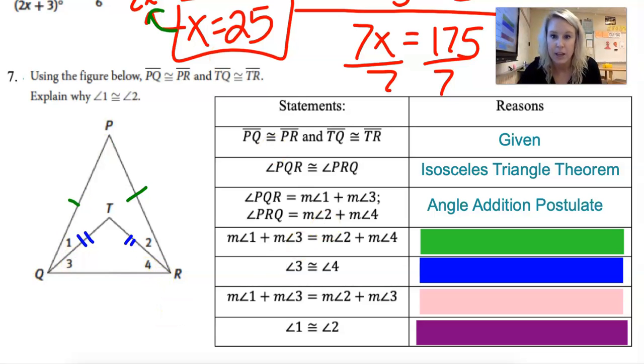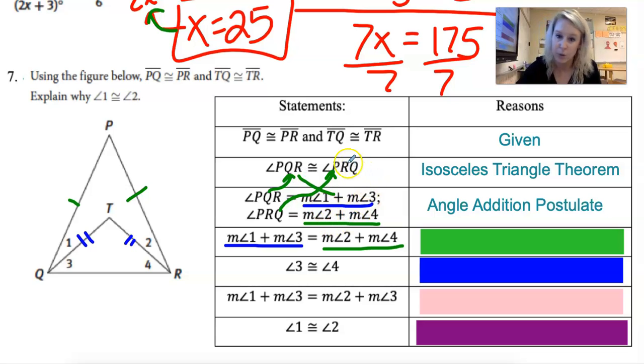Now you have to kind of look and see what happened. So here's my blue side, and here's my green side. Notice the blue side went to the left-hand side. The green side went to the right-hand side. Because up here, I knew that this was equal to this, so they just took the blue side, put it in place of it, took the green side, put it on the right.